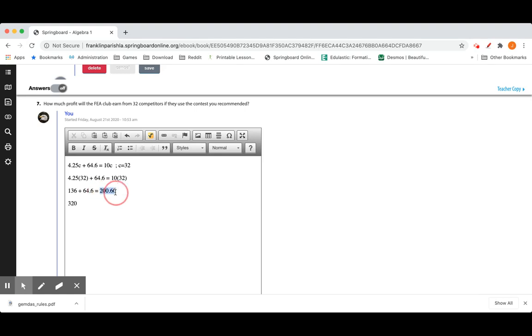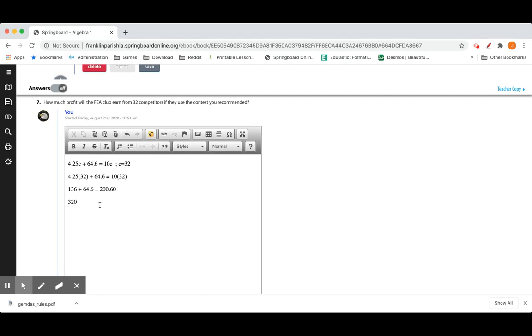So it costs $200.60, and we're making $320. We just subtract these two numbers to see how much of a profit we're making. 320 minus 200.60 will equal $119.40.